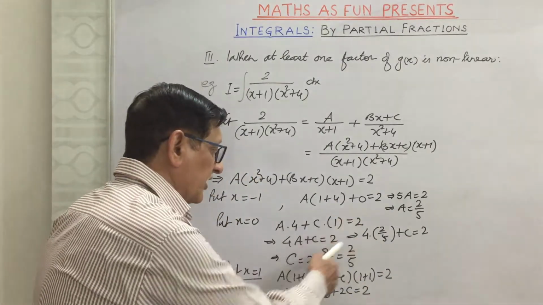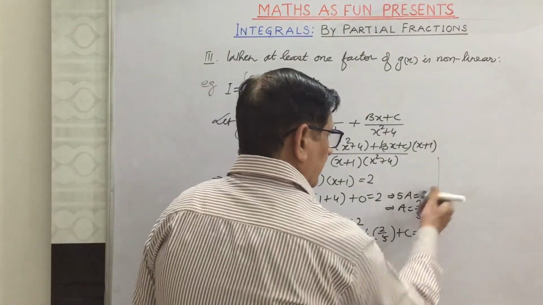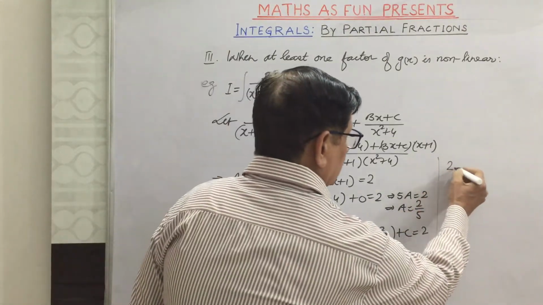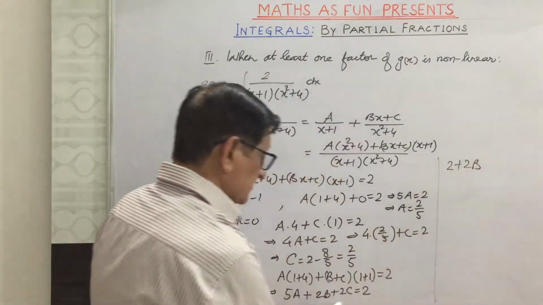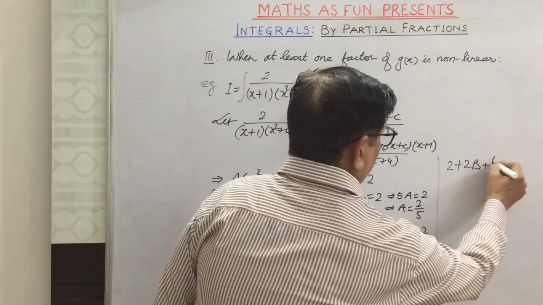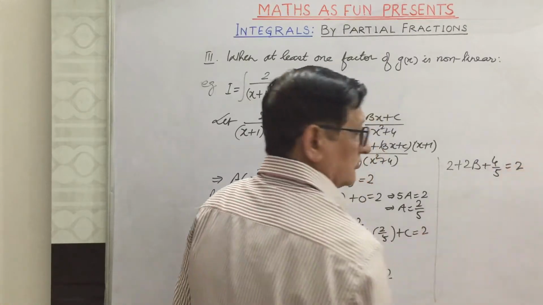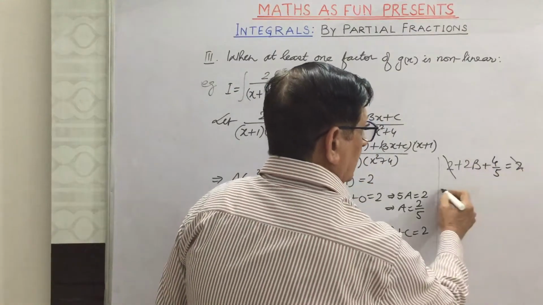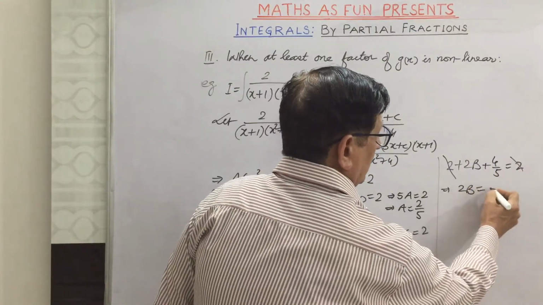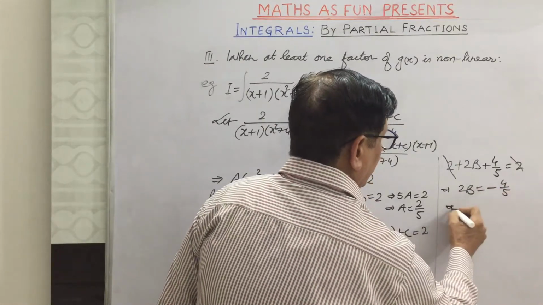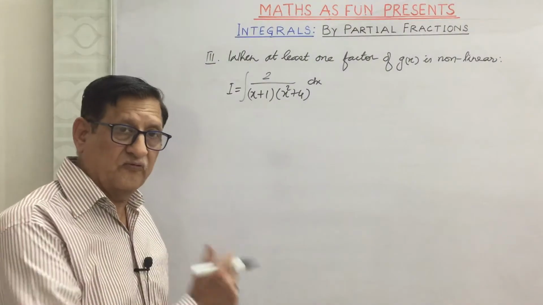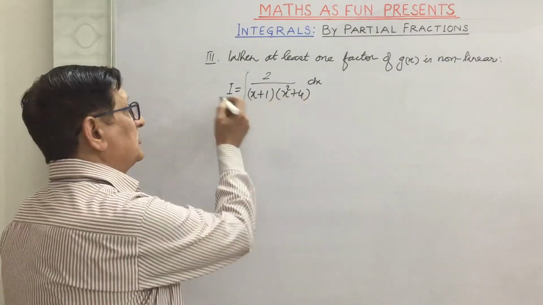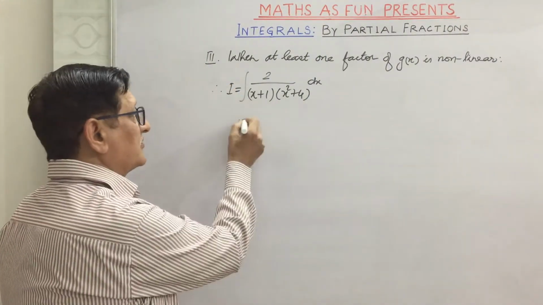Substituting the values of a and c here, we will get 5a is equal to 2, so this is 2, plus 2b plus 2c will be 4 by 5 is equal to 2. This 2 and 2 cancel and we are getting 2b equal to minus 4 upon 5, or b is minus 2 upon 5.